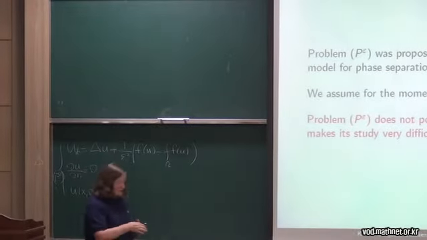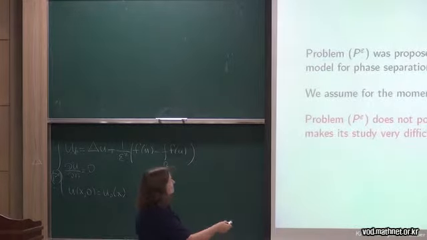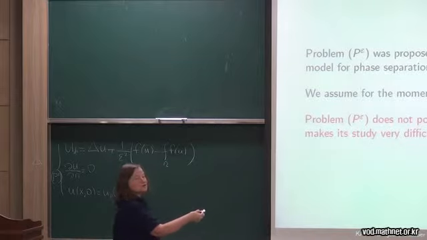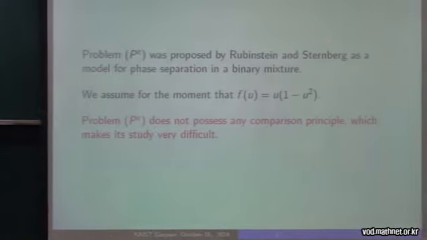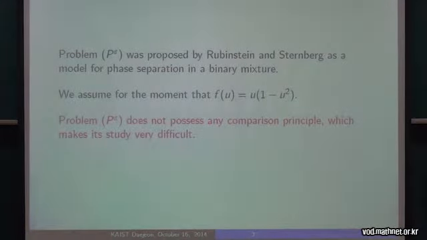So, problem P epsilon was proposed more than 20 years ago by two researchers, one Israeli and one American, Rubinstein and Sternberg, as a model for phase separation in a binary mixture.